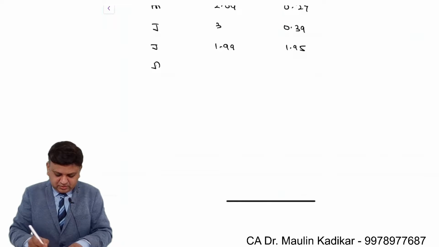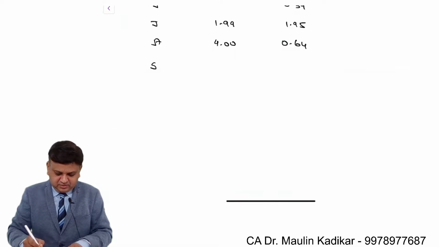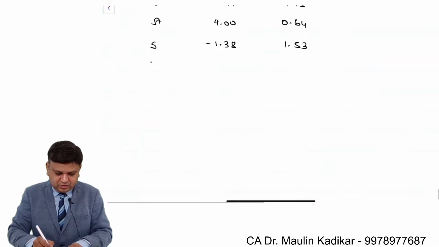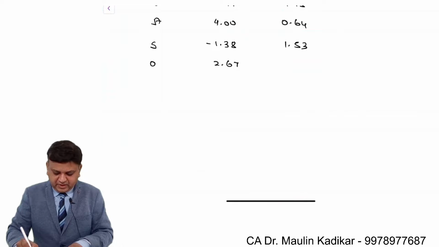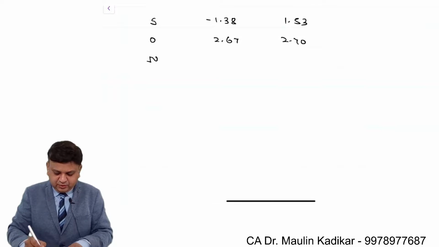August, 4.64. September, negative 1.38, 1.53. October, 2.67, 2.70. November, 3.99, 2.52.